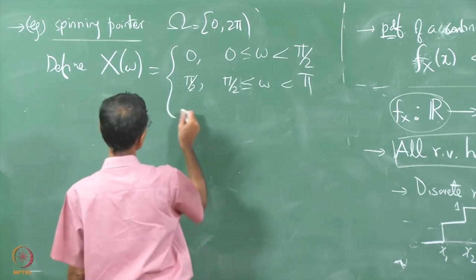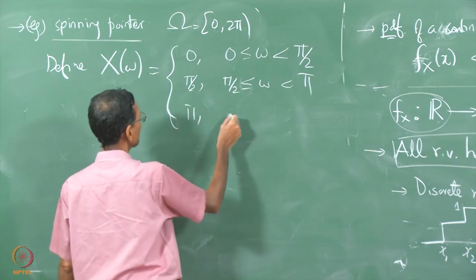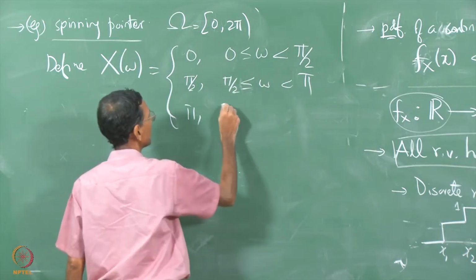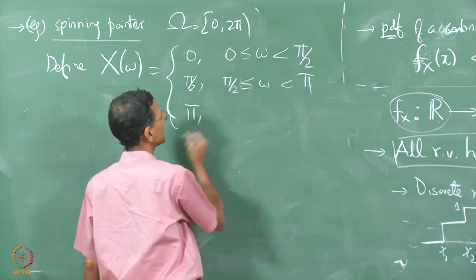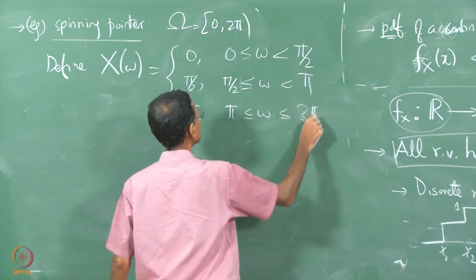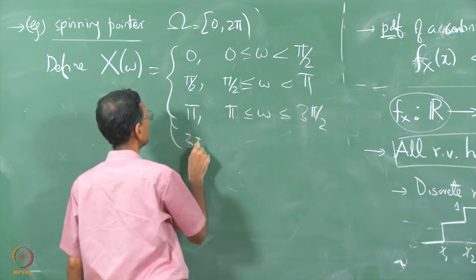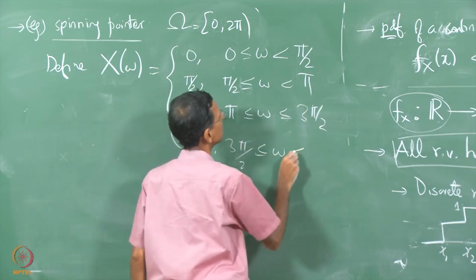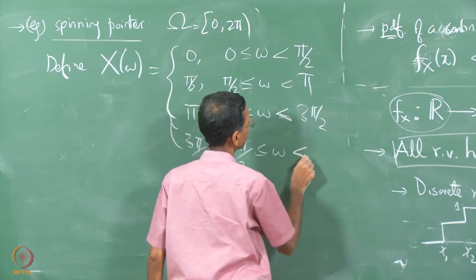Then I am going to extend this. Clearly I have to specify the entire range of omega here. So let me continue in this fashion: pi less than or equal to omega less than 3 pi by 2, and then for 3 pi by 2 to 2 pi.